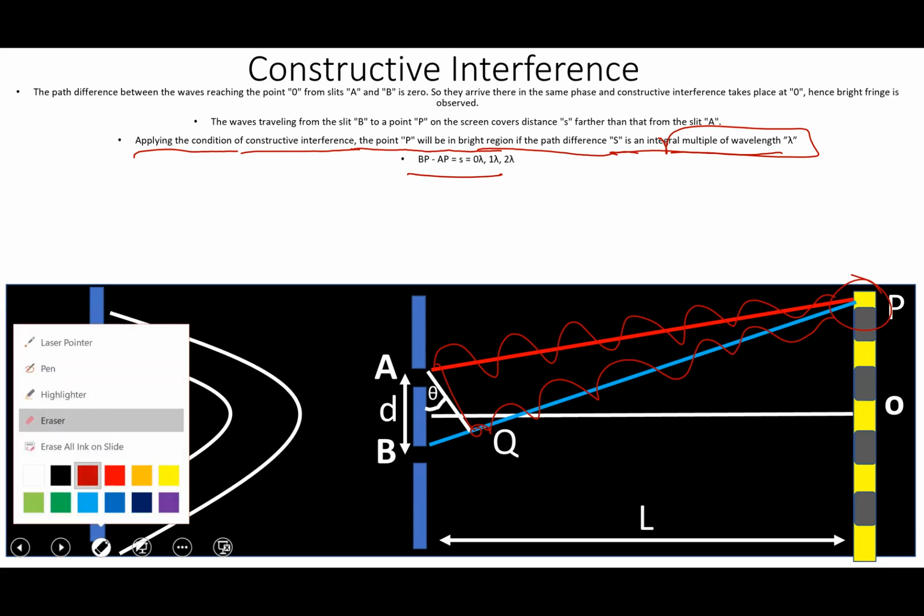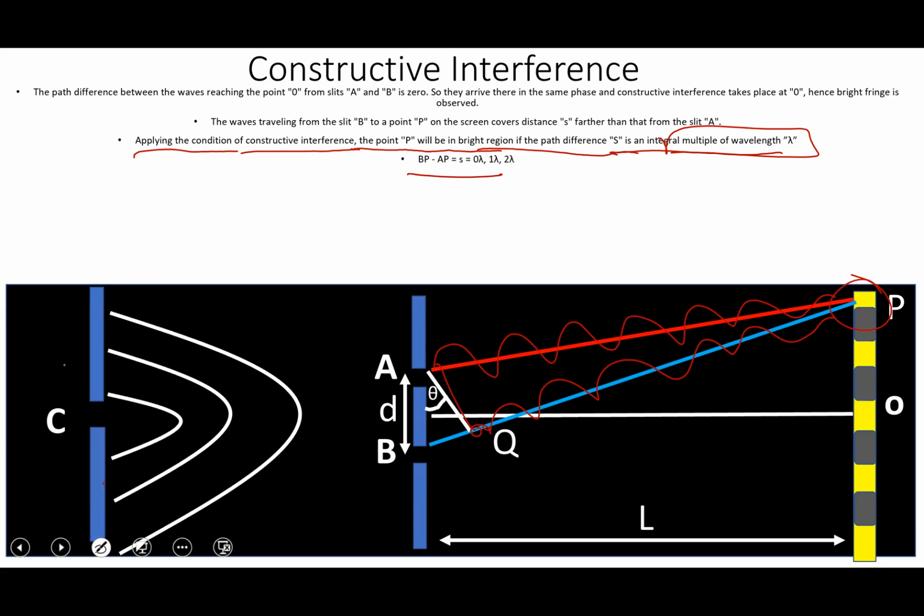This is the main point of this Young double slit experiment. That means if this distance S is equal to lambda, then we can say that at this point P there will be constructive interference. But if this is not a whole lambda, then there will be a destructive interference at the end. This is the concept of the Young double slit experiment.